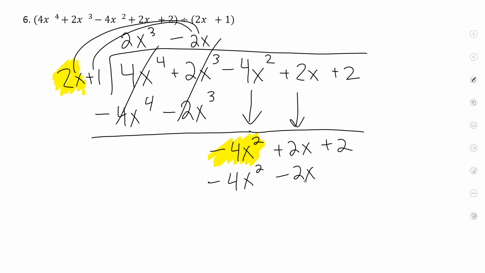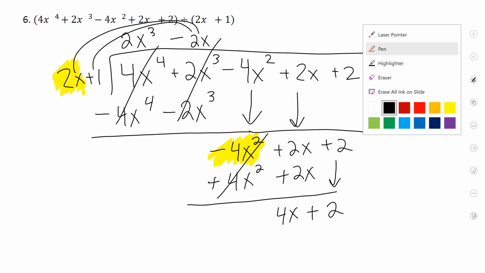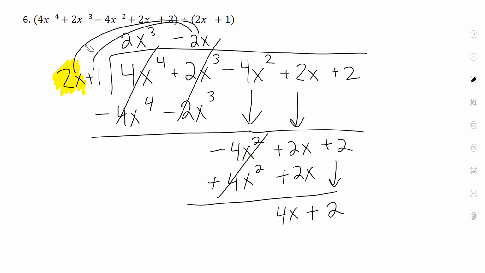What do we do after this step? Change the sign. So this will be positive and change this to a positive. Negative 4 plus 4, that is 0. 2x plus 2x is 4x. I'm going to bring down this 2. And we start the process again.